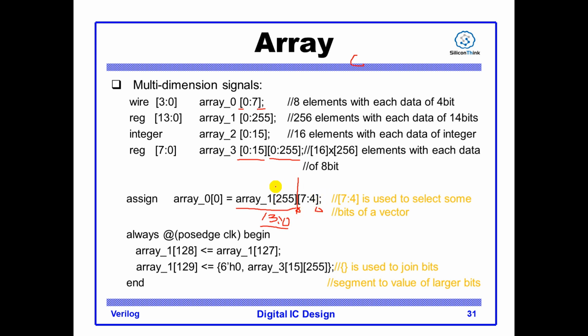So this symbol can be used to select an element, the whole element, and select some bits of one vector. You can select the element from an array and select some bits of a vector value.